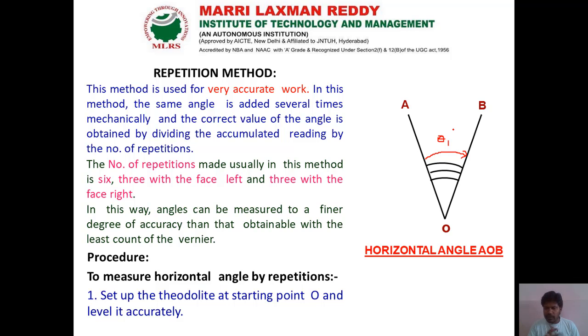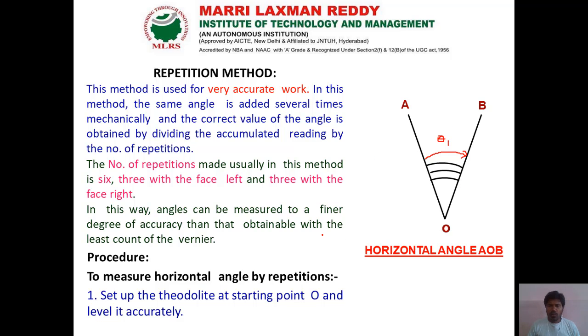So I have the face left observation and the face right observation. By taking the average of these two readings, I get the horizontal angle between the objects. This is very accurate, since I am doing it almost 6 times.